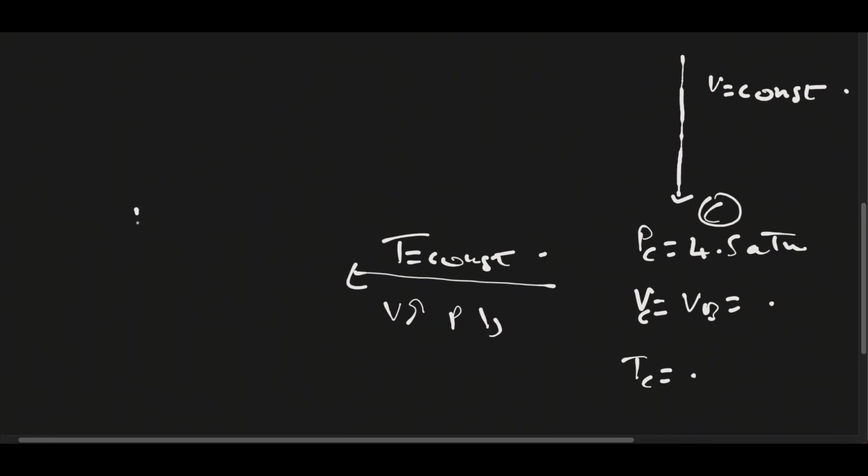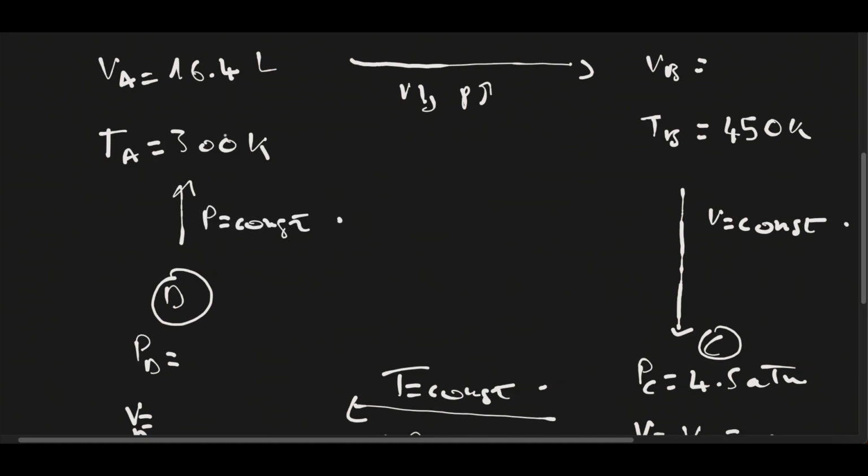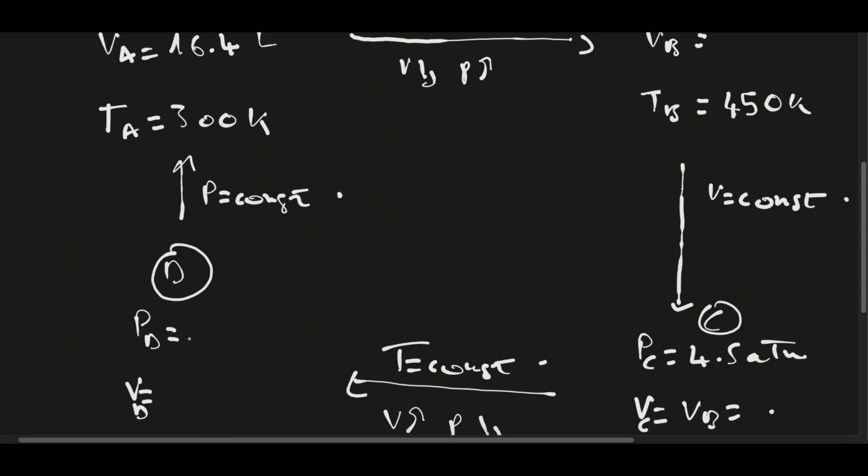So here we have the pressure in state D, the volume in state D, and the temperature in state D. Here it is an isothermal change, which means that the temperature in state D is equal to the temperature in state C. And the last one is an isobaric change. If it is isobaric, it means that the pressure in this state is equal to the pressure in A, which is equal to 3 atm.